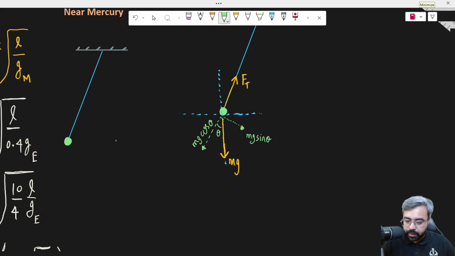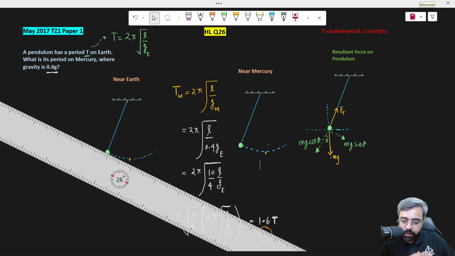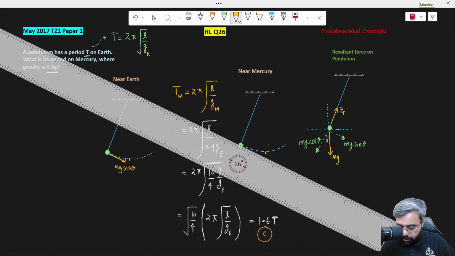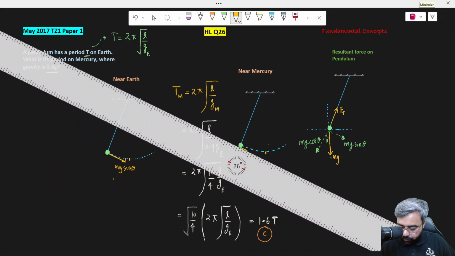The important thing is that mg sin theta is the force pulling the object towards the equilibrium position. I am going to show you a longer arrow for the Earth, because for the Earth that component is more, but for Mercury that component is smaller, 0.4.